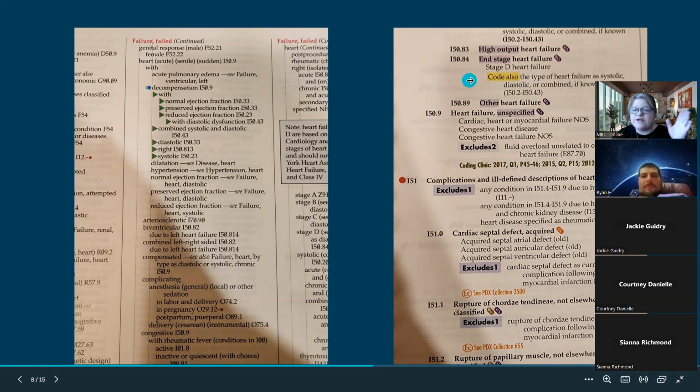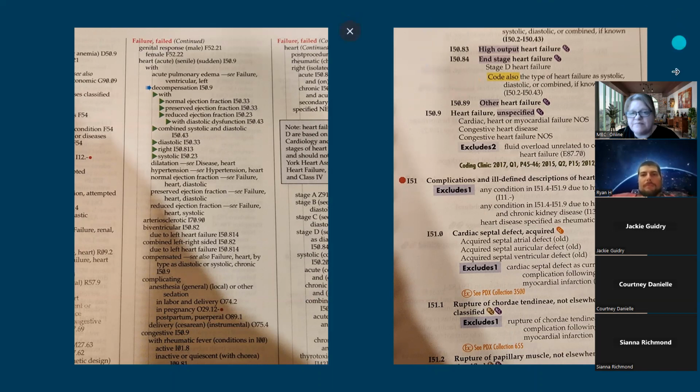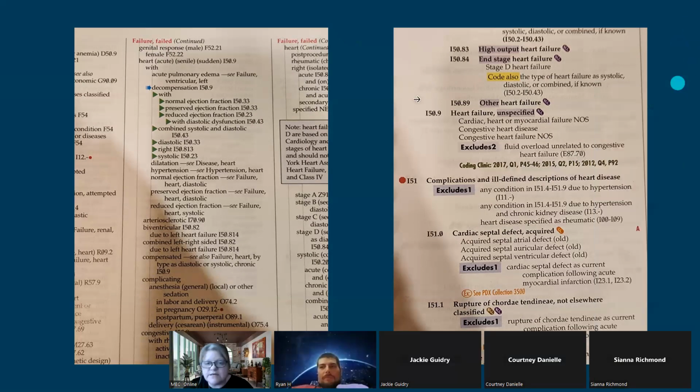So you're going to flip through your tabular till you get to that chapter, and you're going to find I50.9. Right? And that's what this second picture is. It's out of the tabular section. And y'all see about a quarter of the way down, I50.9. There's no little red stop sign, so we can actually code that.